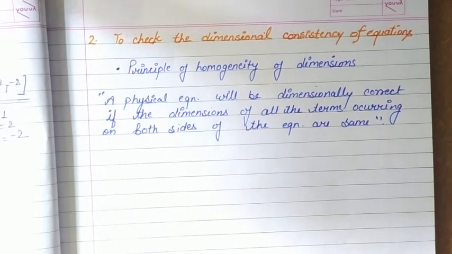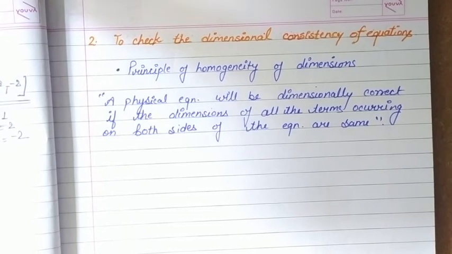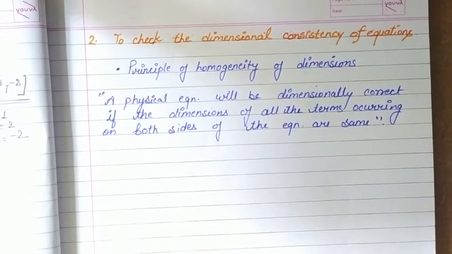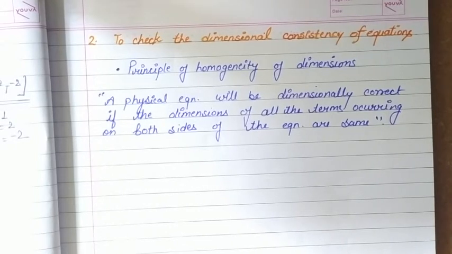This is stated by the principle of homogeneity of dimensions, and we use this principle to check whether the given physical equation is dimensionally correct or consistent or not. This can be done by checking the dimensions of both sides of the equation.